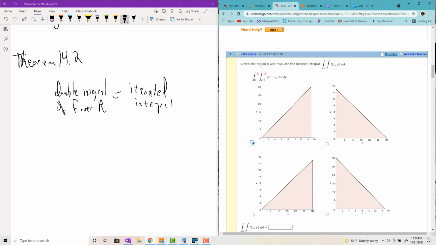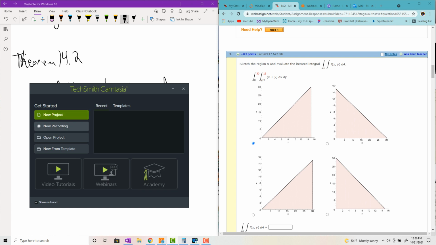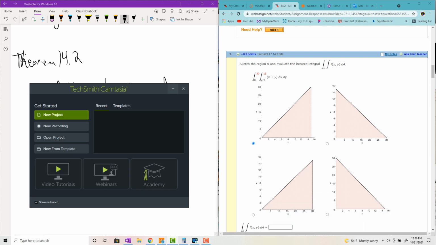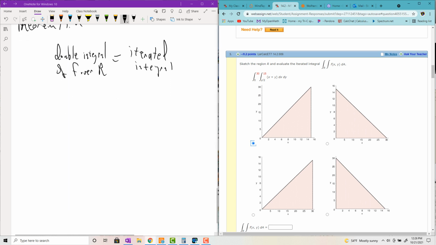So the surface for number 3 would be x plus y in space. We just want to go through and look at some random examples from the homework.